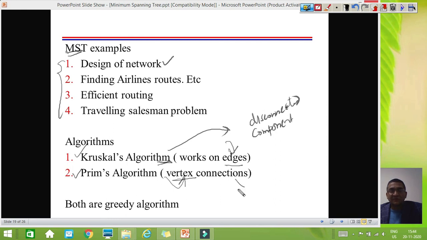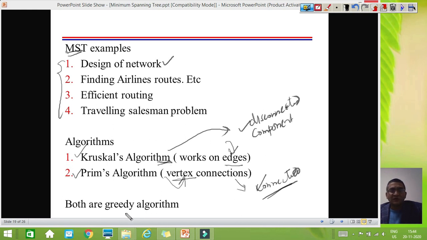But in Prim's algorithm, all the vertices on which you have already worked always remain connected. So again, we have two different natures of these algorithms. Depending on the problem, sometimes you want the nodes on which you are working to remain connected throughout the process. Then you have to go with Prim's method. Otherwise, if this is not the requirement, you can go with the disconnected component method, that is the Kruskal algorithm.